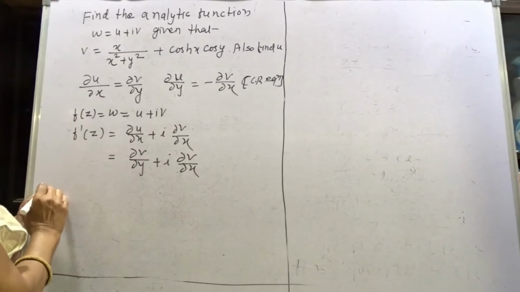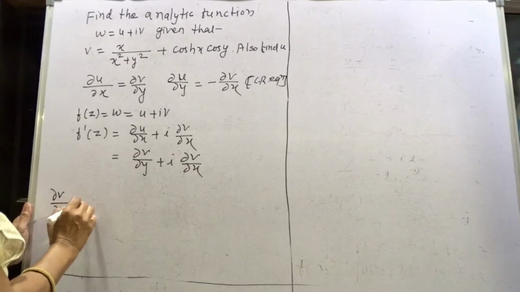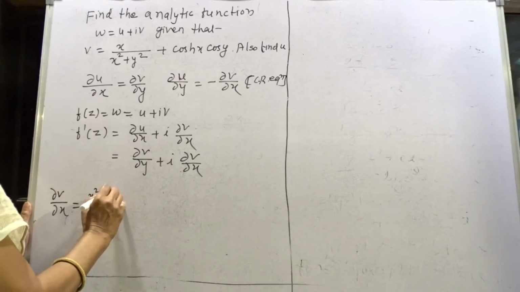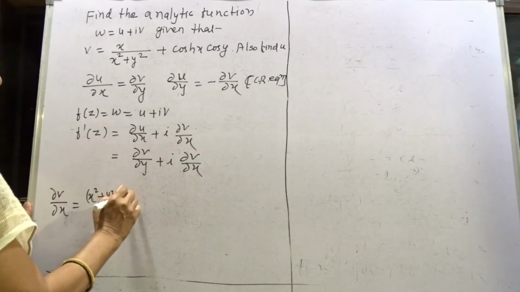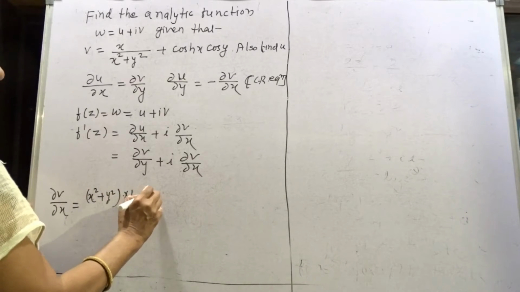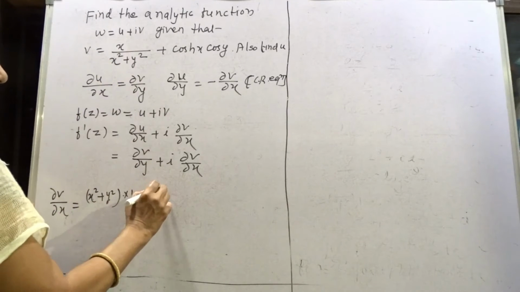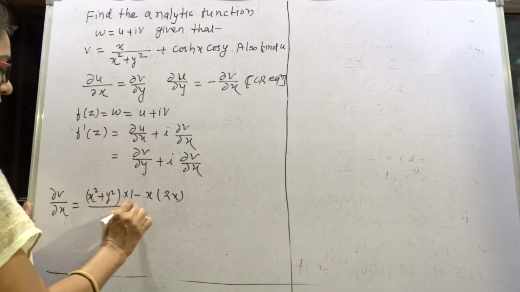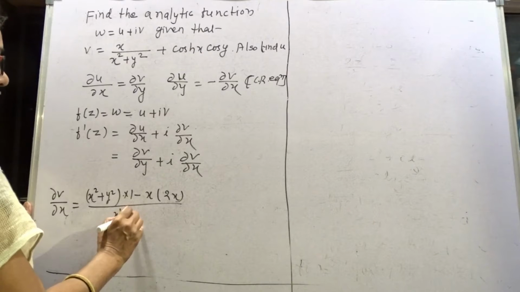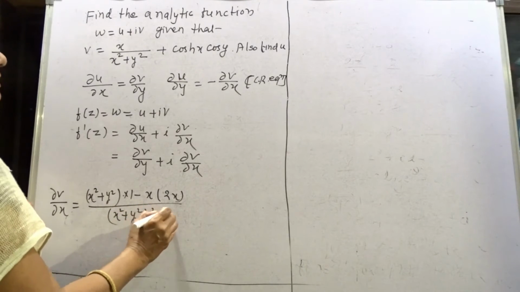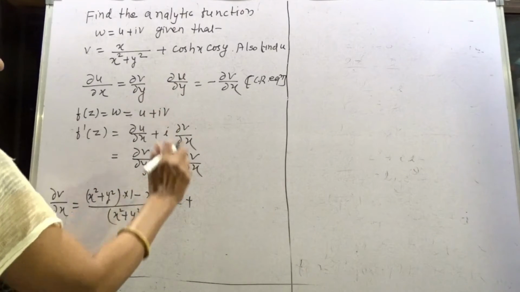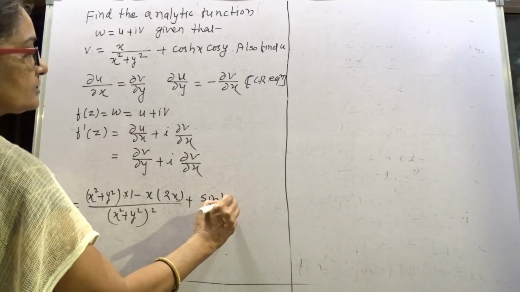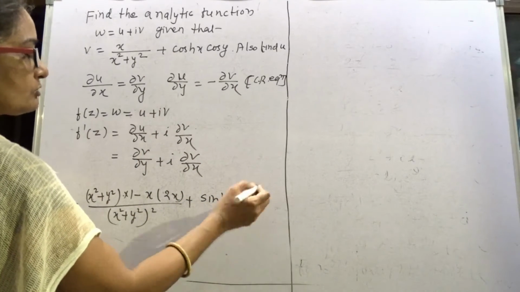So del v upon del x is equal to, by the u by v rule, (x square plus y square) into differentiation of x, which is 1, minus x into differentiation of x square plus y square with respect to x, which is 2x, and differentiation of y is 0, upon (x square plus y square) the whole square, plus we differentiate cos hx with respect to x, which is sin hyperbolic x into cos y, where cos y is constant.